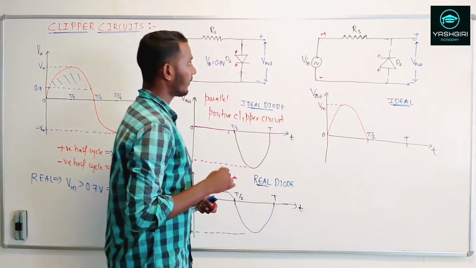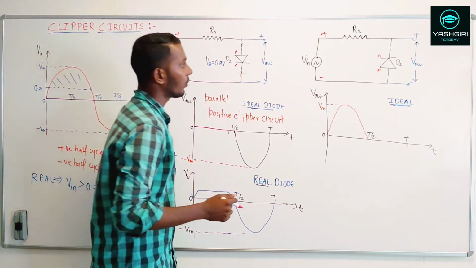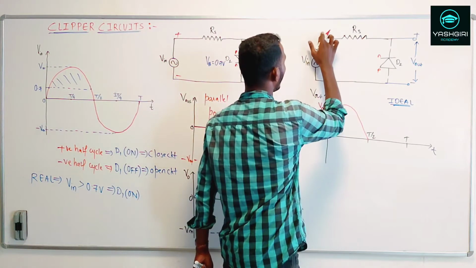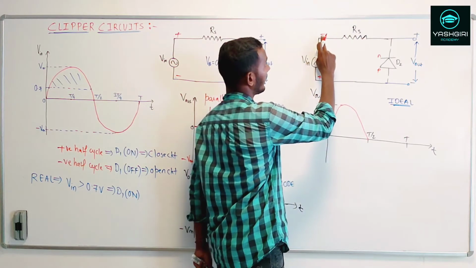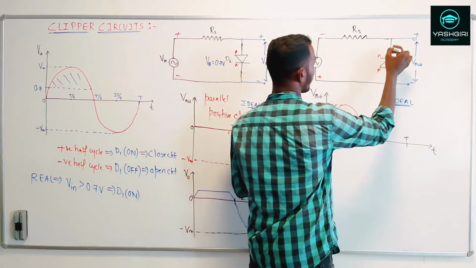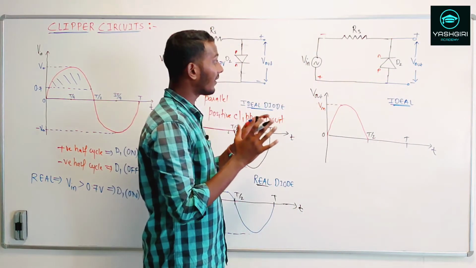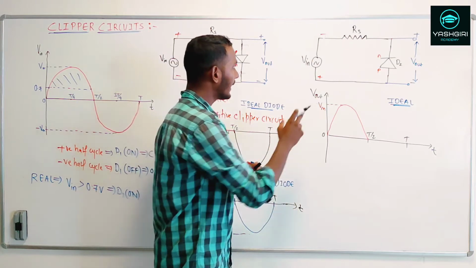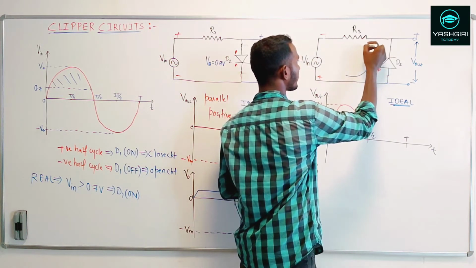Now for the negative half cycle, from T by 2 to T, there is a change in the polarity. So this is negative, this is positive. Now if you see, negative is connected to the N side. So the diode D2 will this time be forward biased. And when it's forward biased, there will be a current flowing in this.